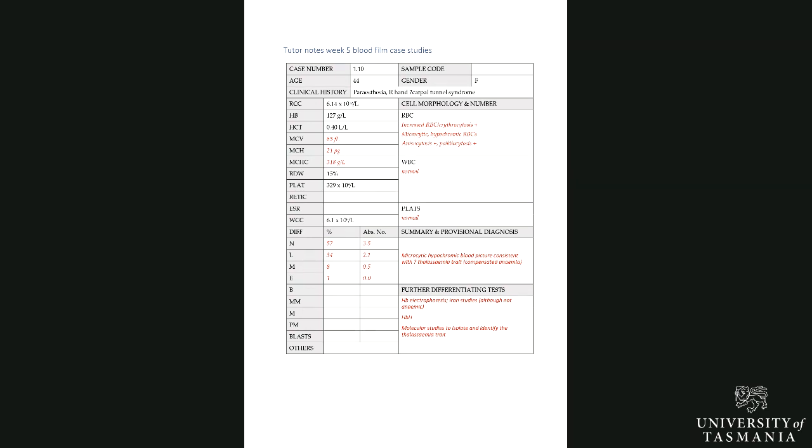So don't be too concerned if they're not the same. I do take that into account, particularly if I have many students with the same result that is different to what I've got, so I can then go back and recalculate and check that.